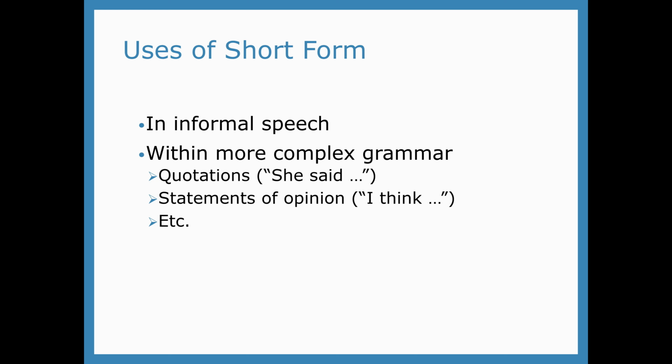We use short form in a couple of different places. One of them is in informal speech. When you're speaking with your friends or your family, at the ends of your sentences you will be using short form verbs, adjectives and nouns.